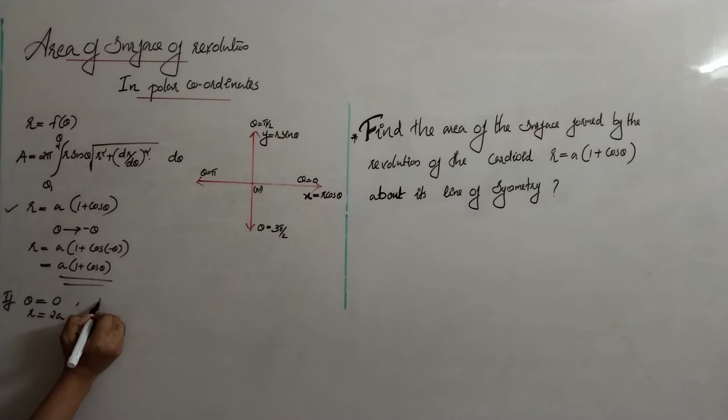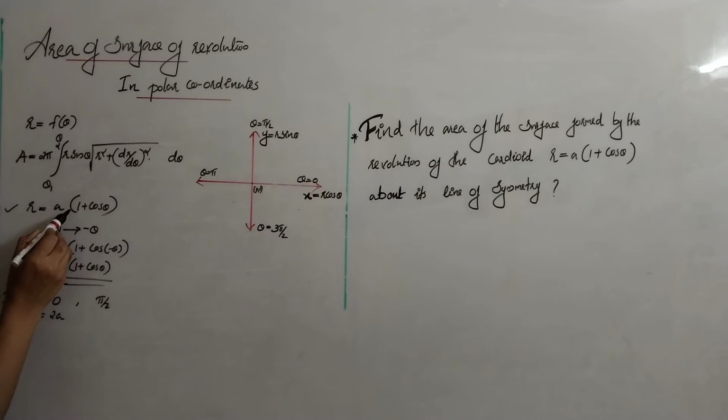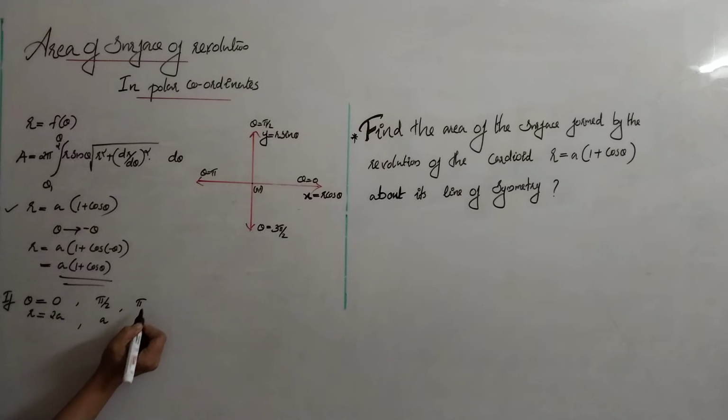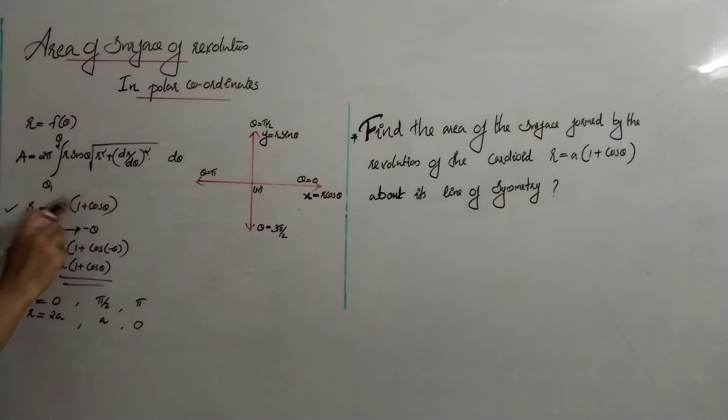And if theta is pi by 2, r is a into 1 plus cos pi by 2. Cos pi by 2 is 0, then the value of r is a. If theta is pi, the value of r is 0. Cos pi is minus 1, then minus 1 plus 1 is 0.